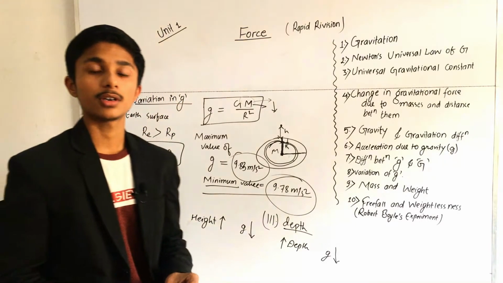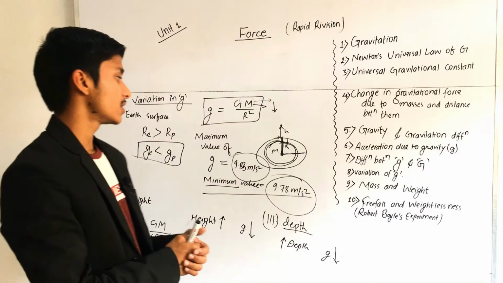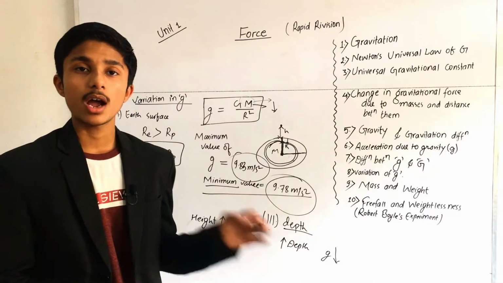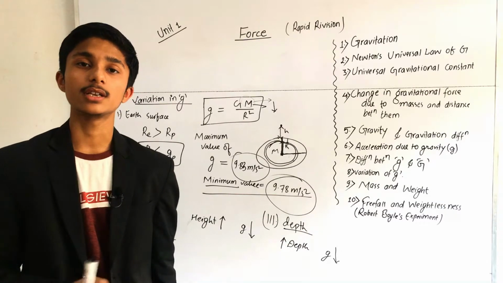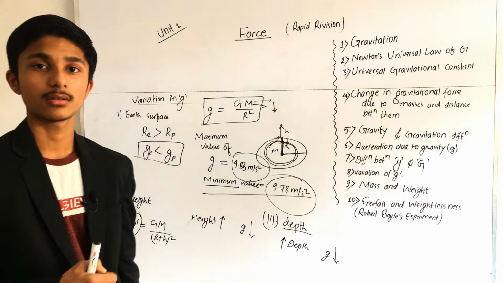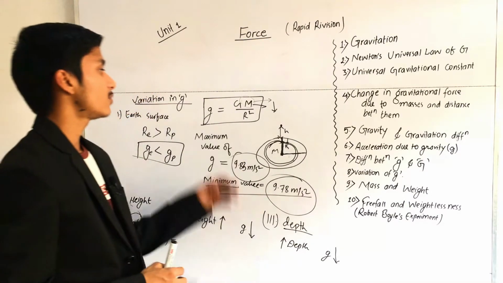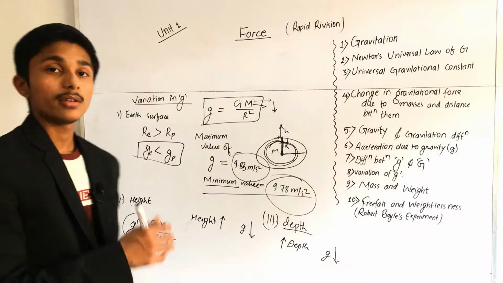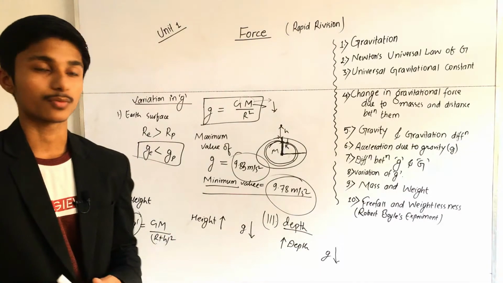One thing you remember, you may be asked one question: what are the places where the value of acceleration due to gravity is 0? Then what you will tell? You have to tell the 3 cases in which the value of acceleration due to gravity gets 0.